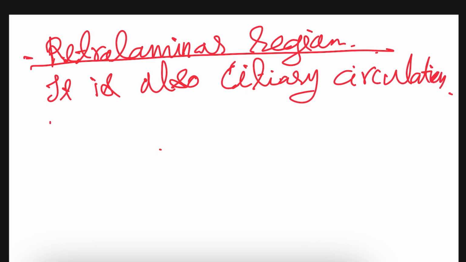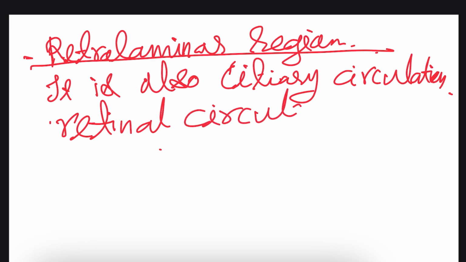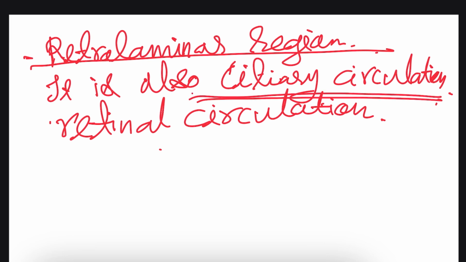Along with that, it is also supplied by the retinal circulation. In all the layers we are talking about where the ciliary circulation of each layer is coming from.